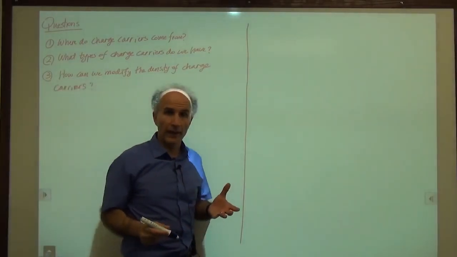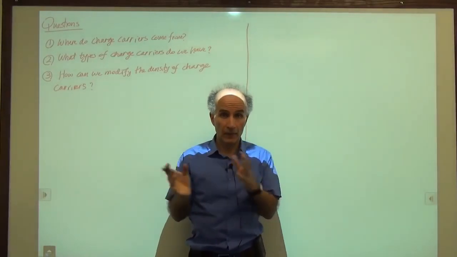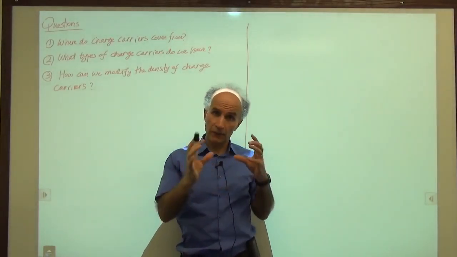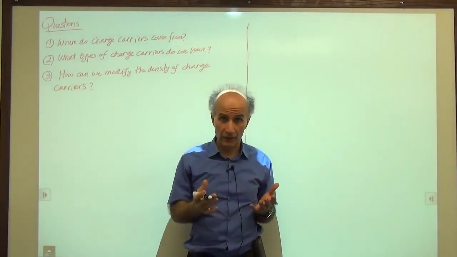Intuitively, we know that if in a material we have lots of carriers, then that material is very conductive. If we have very few carriers, it's not very conductive. So that's what we call the density of carriers.